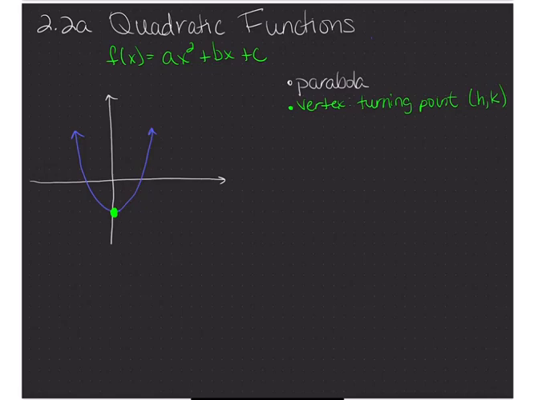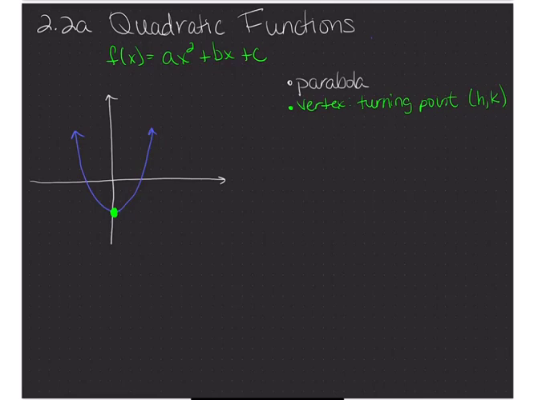Those turning points are either going to give us our largest value or our smallest value for our y. So for example, on this one, I am decreasing until I get to this point, and then I start increasing again. So does this have a maximum or a minimum?